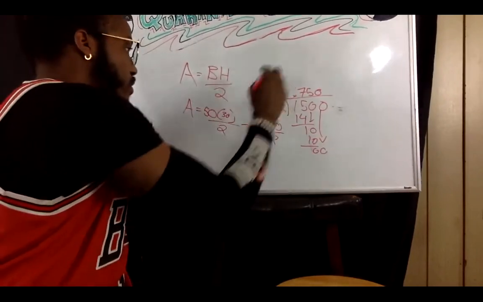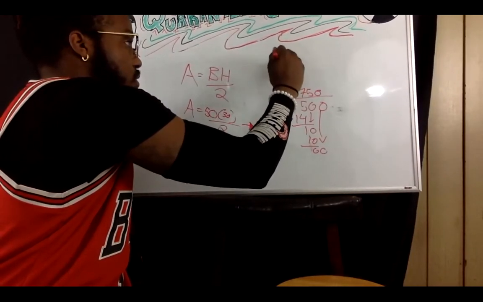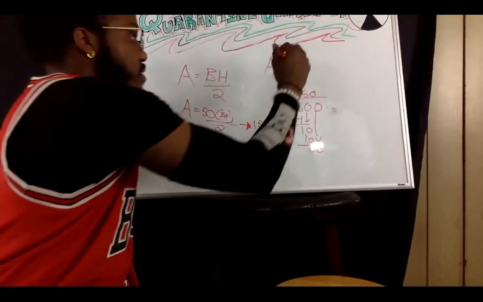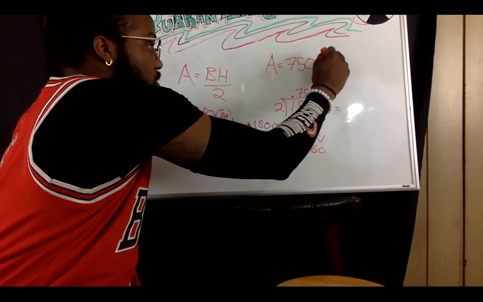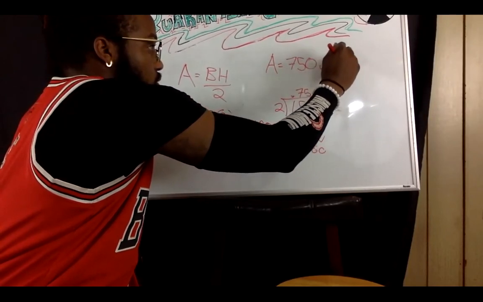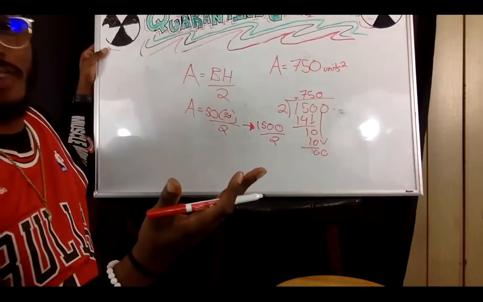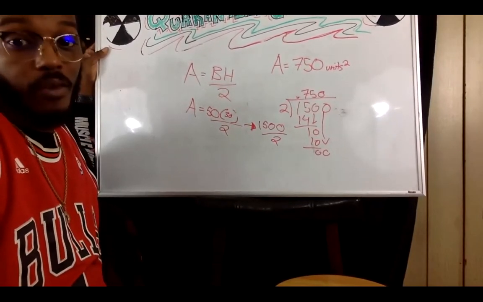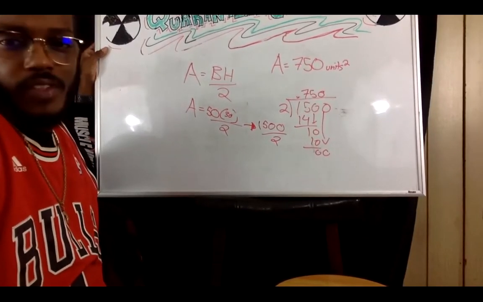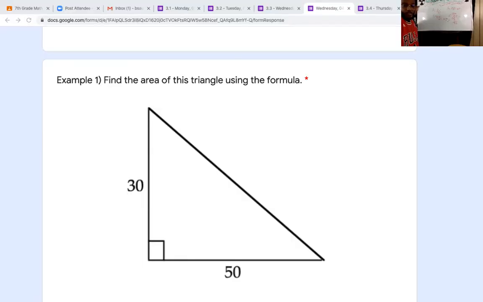So the area is not 750. The area is 750 units squared. And that is how you find the area of a triangle. Or the area of a right angle. But also, this is how you just find the area of a triangle, period.